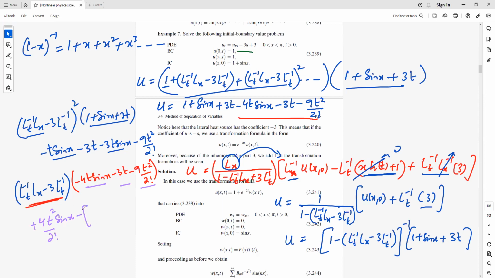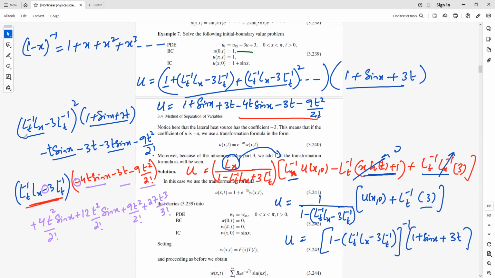So negative, okay, this negative and this negative is positive, so it's positive, and 4 times 3, it's 12 t squared over 2 factorial, and this is sine of x, and then positive 9t squared over 2 factorial, then positive 27t cube over 3 factorial, right?